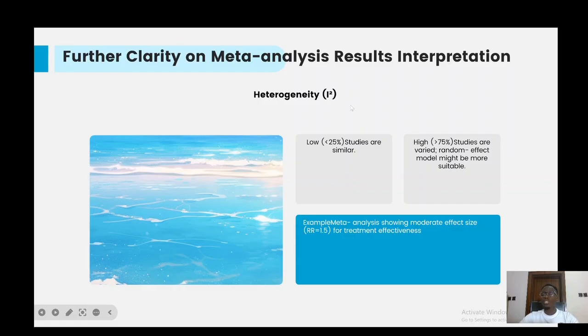When the heterogeneity is less than 50%, there is no significant heterogeneity and there is some similarity among the studies. When it's greater, there is significant heterogeneity, so the studies are varied and random effect models might be more suitable. So yeah, that's it.